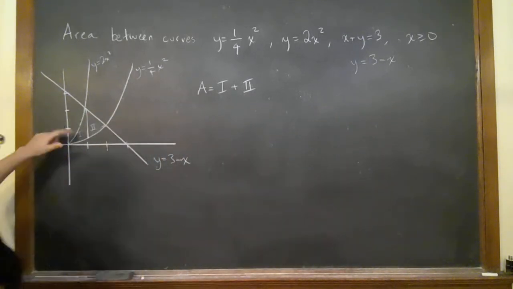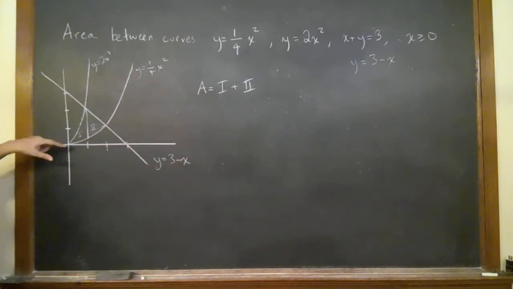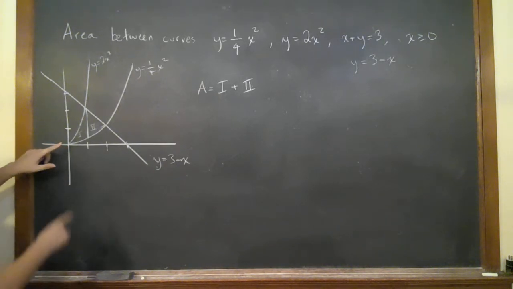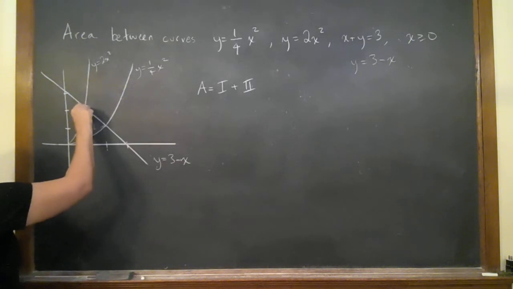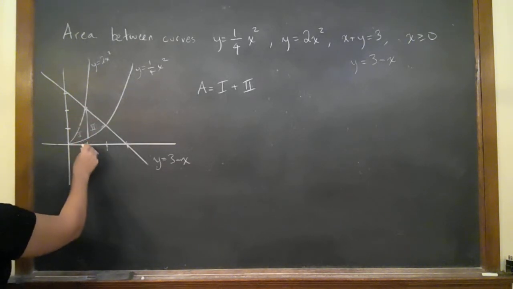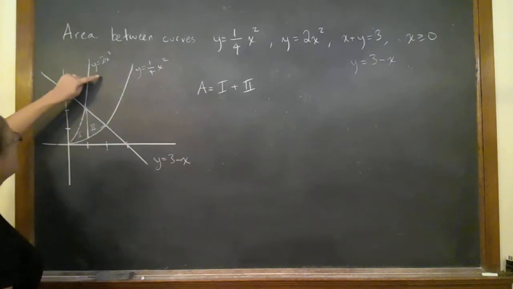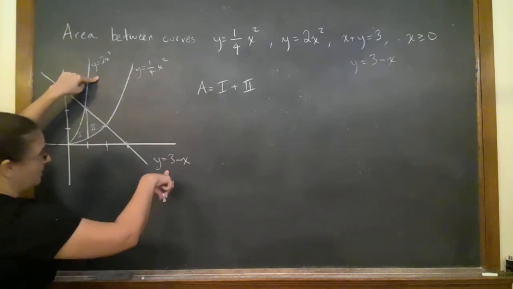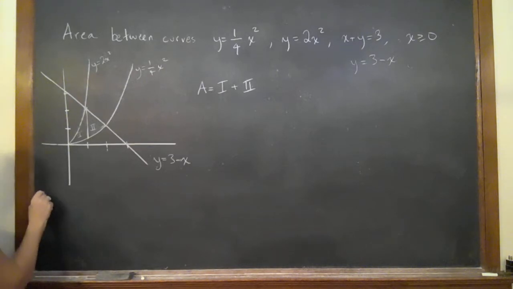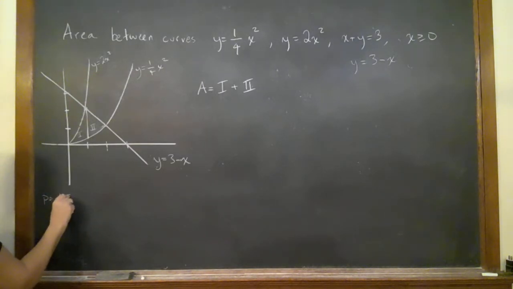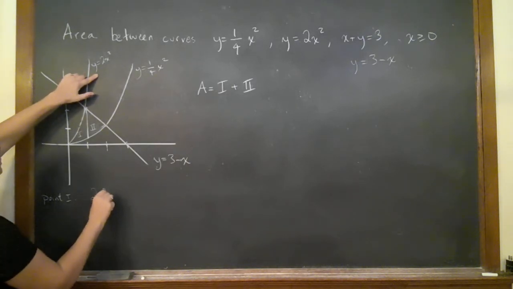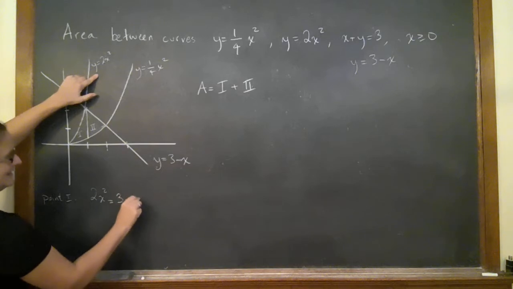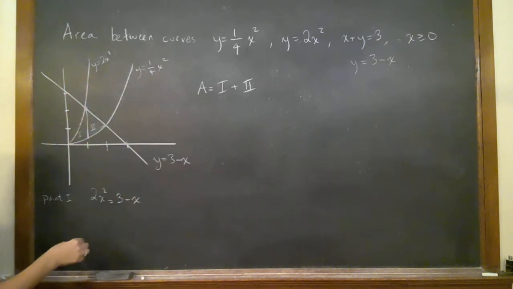So for my first region, I've got the 2 parabolas, but where it stops is this point. That's the point where this parabola hits that line. So my first point is going to be this guy, 2x squared equals 3 minus x.